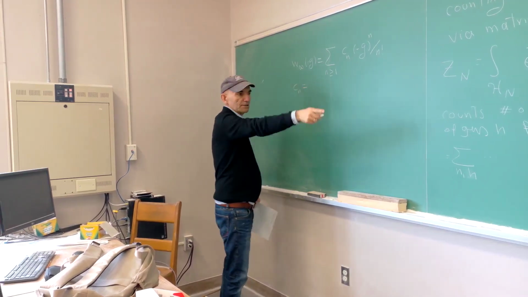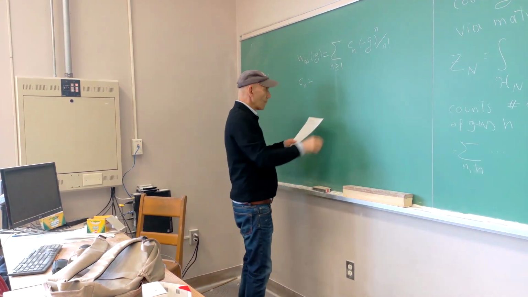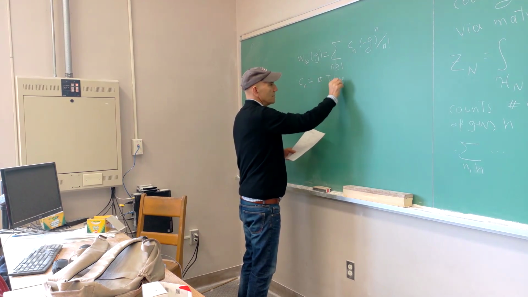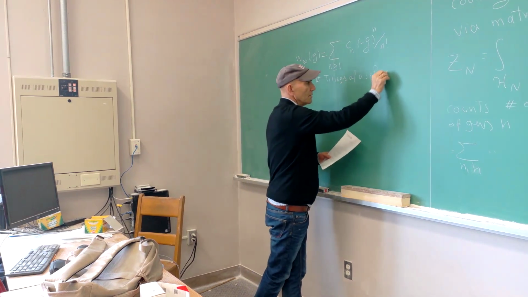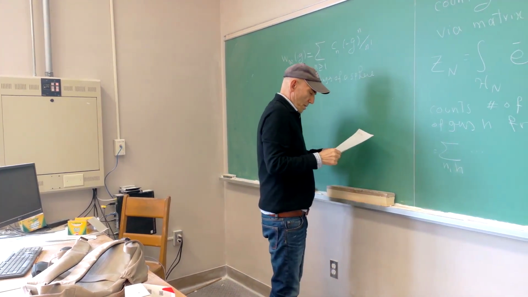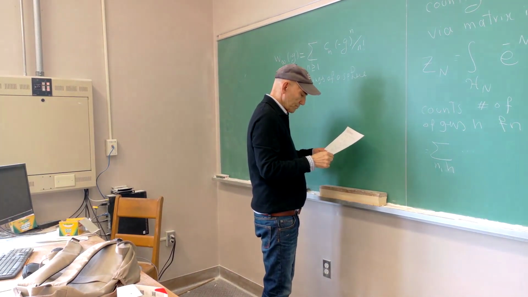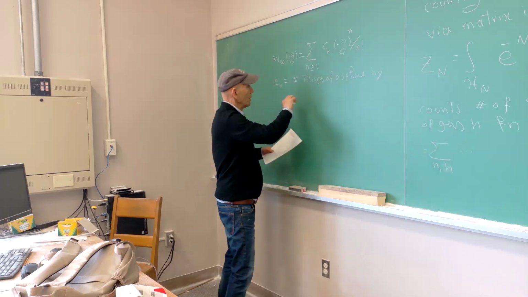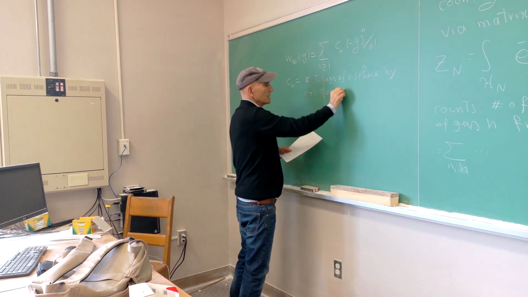Cn is exactly that number we were looking for. It's the number of islands of the sphere by, I believe it should be actually n plus 1 quadrangles.